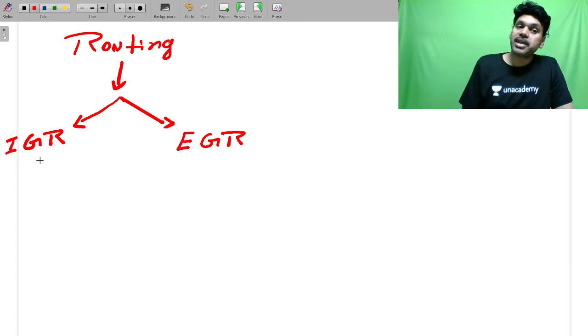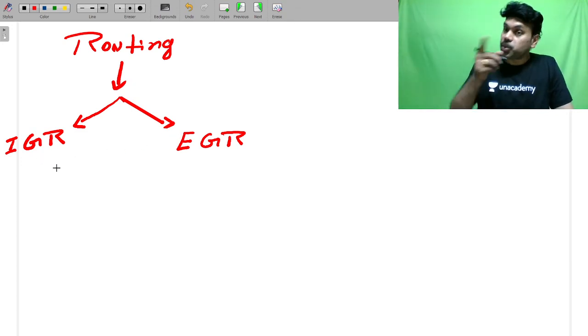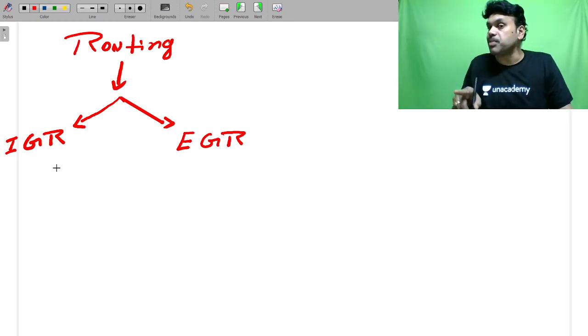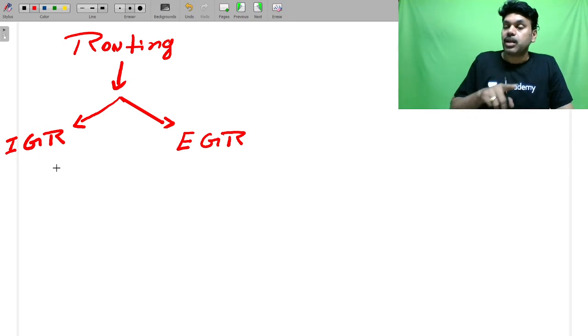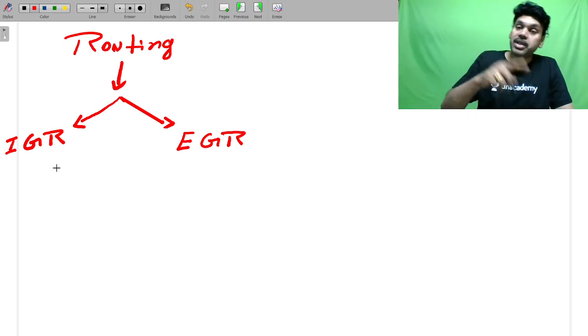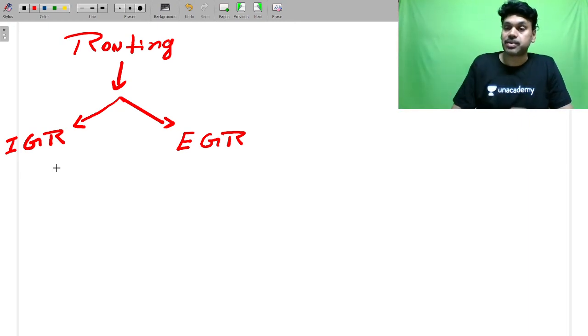What is interior gateway routing? The routing within an autonomous system or a subnetwork. Exterior routing means the routing between two different networks or two different autonomous systems.